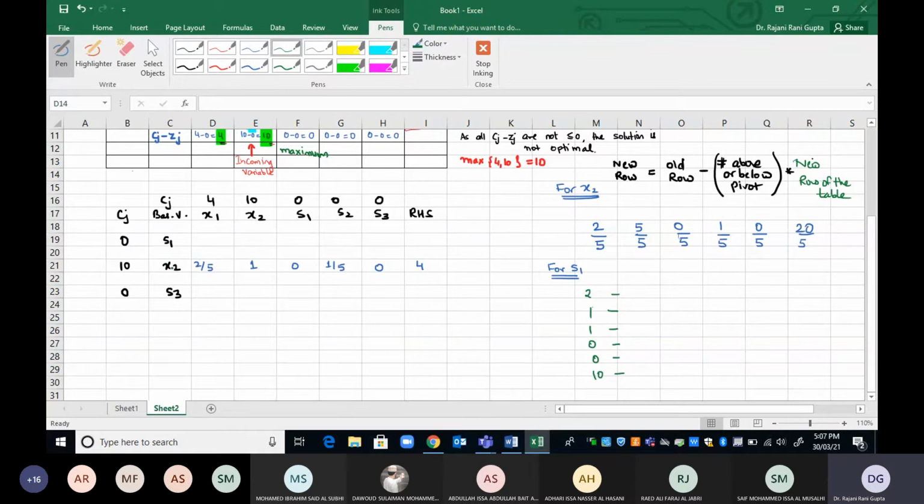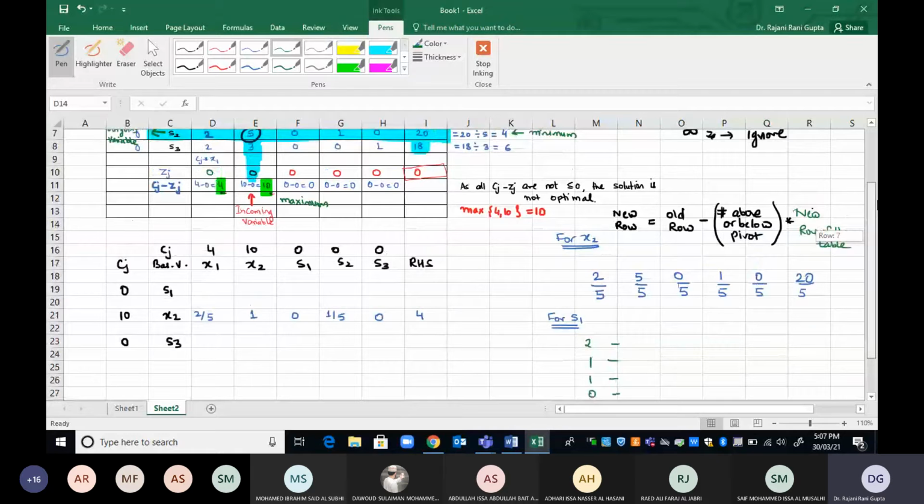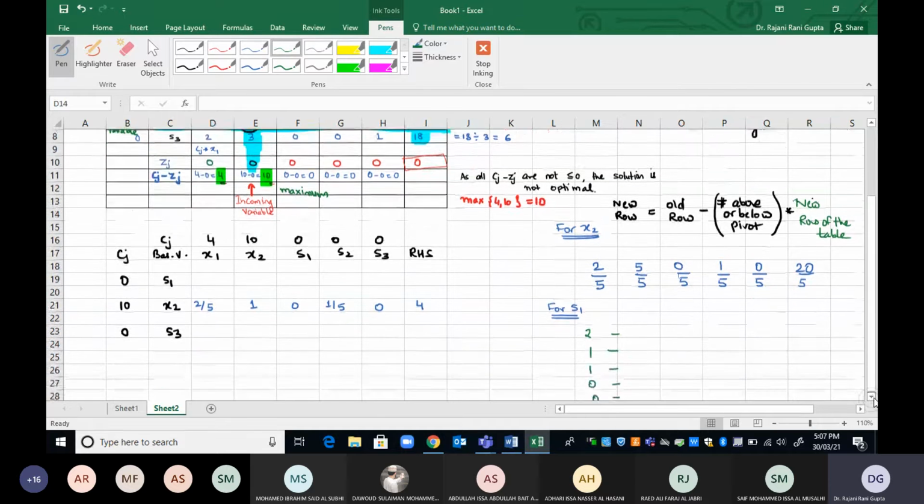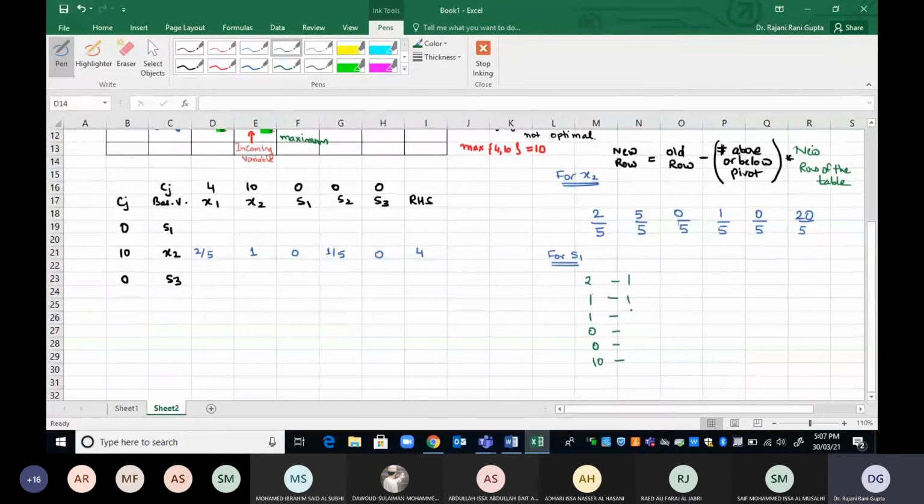So here it is 1, multiplied by the new row of the new table, the one we calculated: 2 over 5, 1, 0, 1 over 5, 0 and 4.